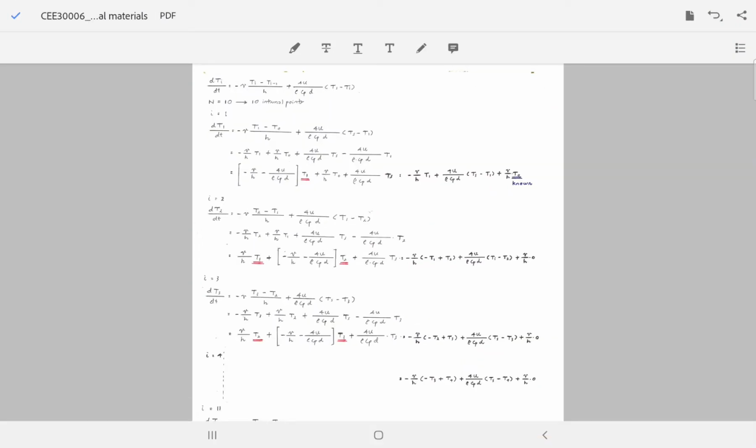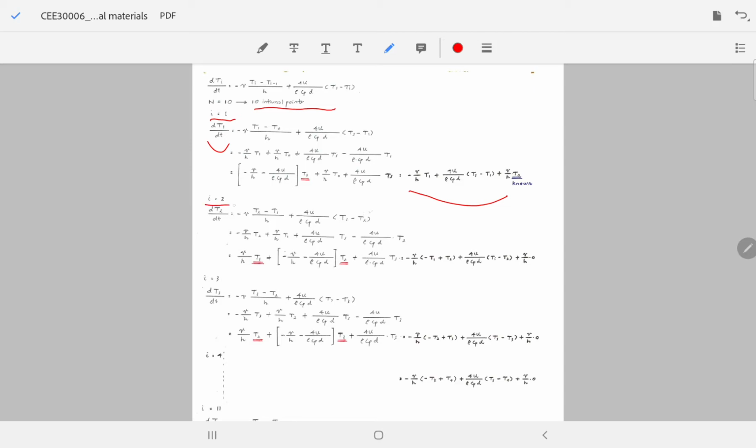You may want to check your Canvas for the additional materials that I gave. For example, for the case of n equal 10, where we have 10 internal points, at i equal 1 you will have one ordinary differential equation.